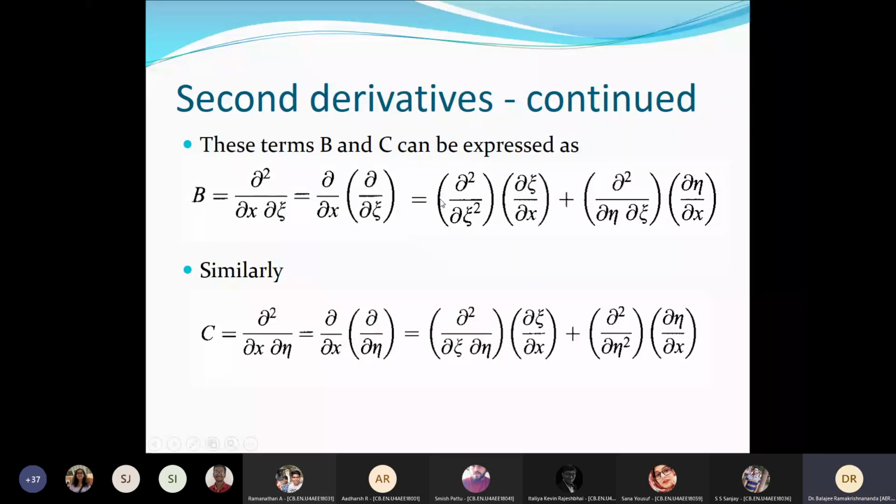If you do that, you will get this equation for B. Now ∂ζ/∂x can be computed easily. ∂η/∂x can also be computed easily. You get nice terms here, ∂²/∂ζ² and ∂²/∂η∂ζ. So we substitute, instead of B, this in this equation.